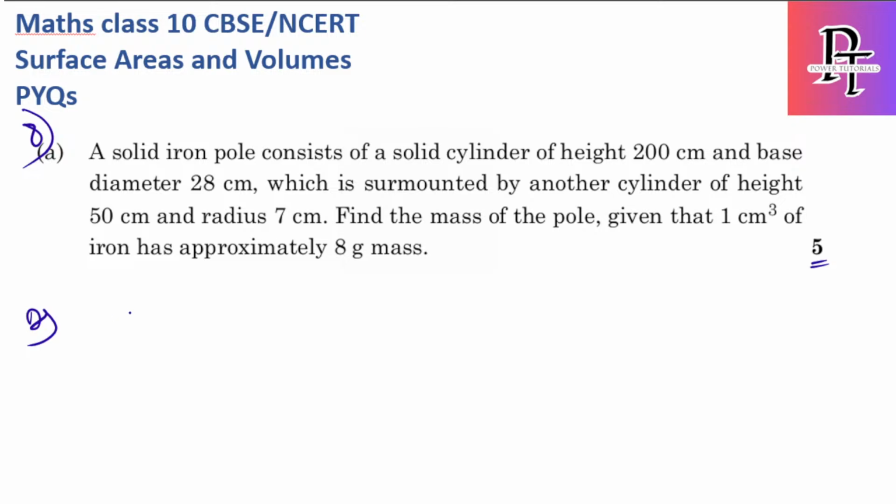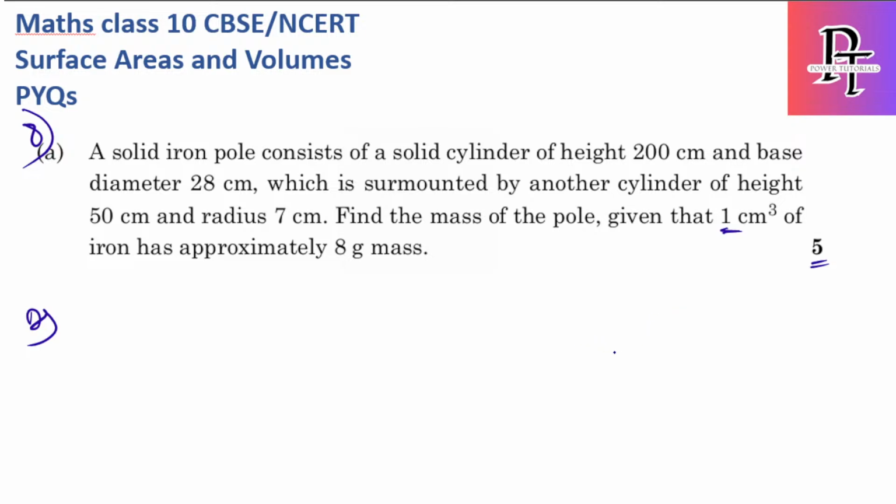A solid iron pole consists of a solid cylinder of height 200 centimeters and base diameter 28 centimeters, which is surmounted by another cylinder of height 50 centimeters and radius 7 centimeters. Find the mass of the pole, given that 1 cubic centimeter of iron has approximately 8 grams of mass. So directly they are saying to find the volume, and for each 1 cubic centimeter it is 8 grams. So based upon the volume you have to find the mass.